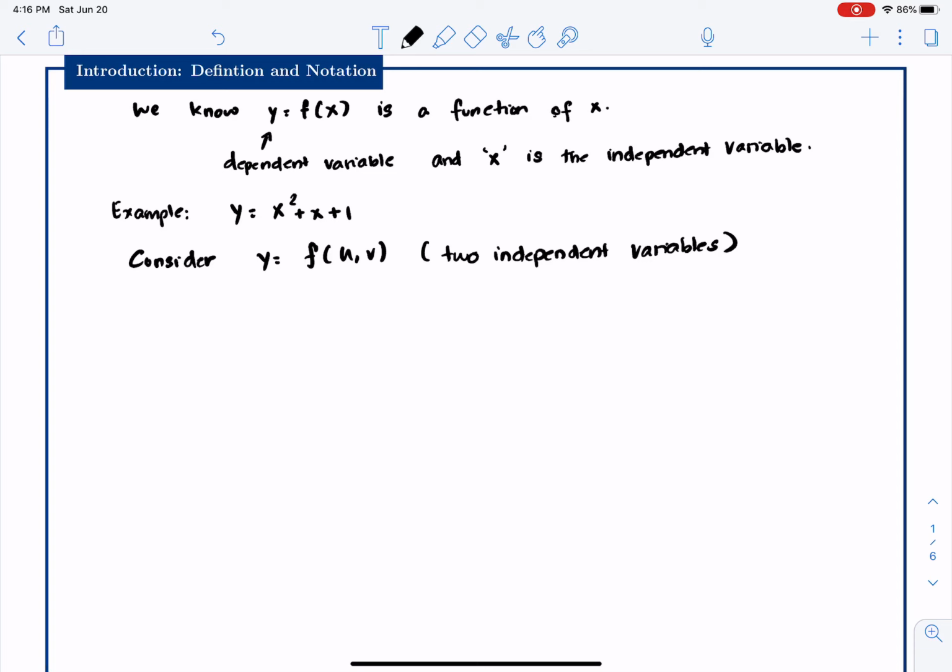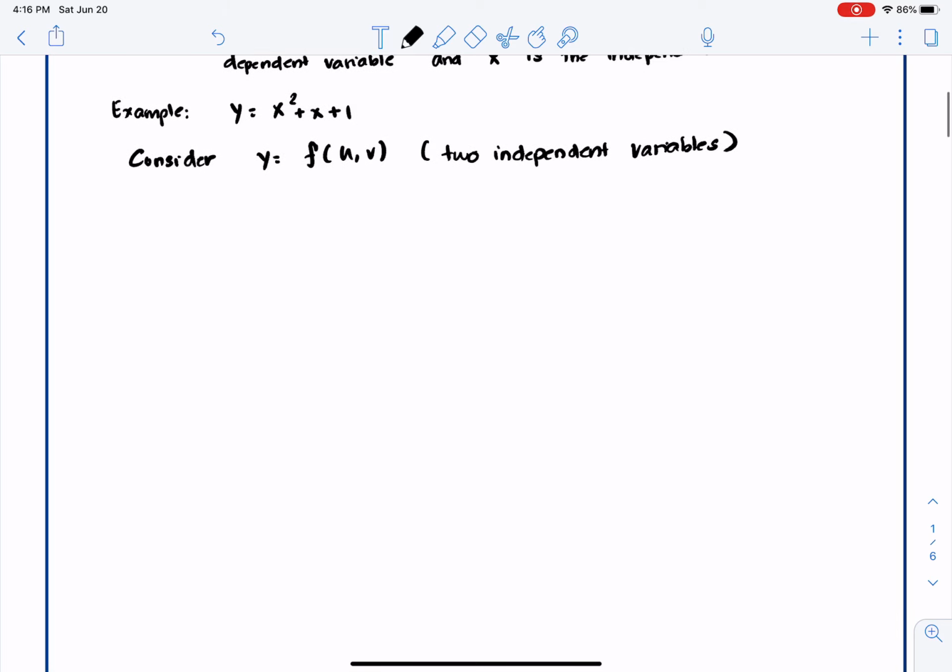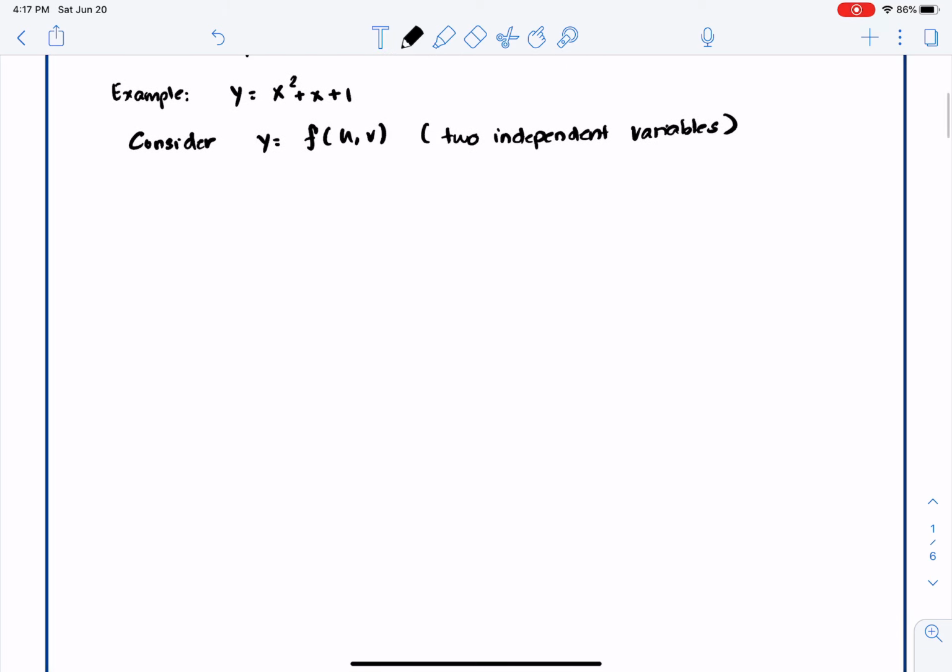And the two independent variables are u and v. So, as an example here, we could have something like y equals u squared plus v squared minus 1.